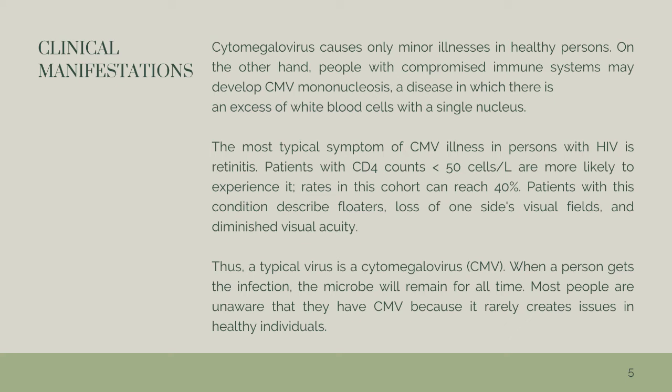The most typical symptom of CMV illness in persons with HIV is retinitis. Patients with CD4 counts less than 50 cells per microliter are more likely to experience it. Rates in this cohort can reach 40%. Patients with this condition describe floaters, loss of one side's visual field, and diminished visual acuity.